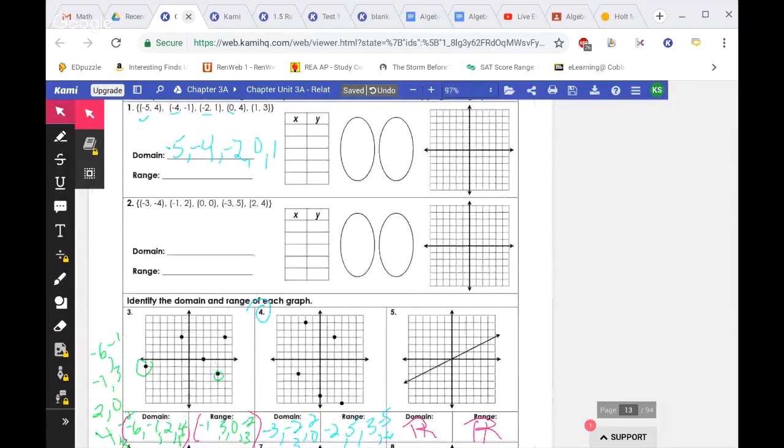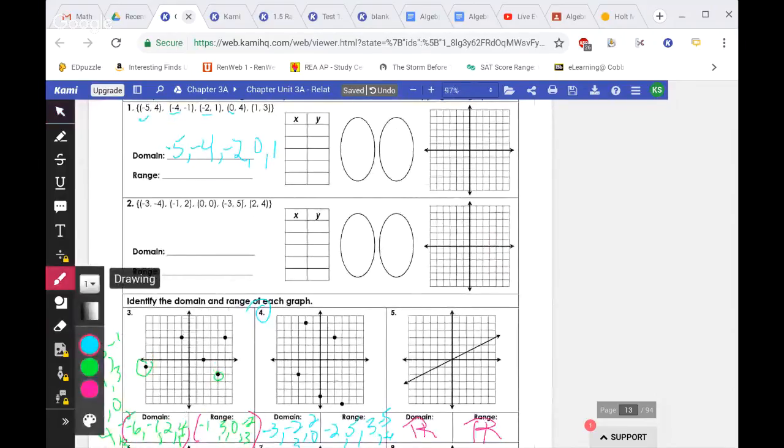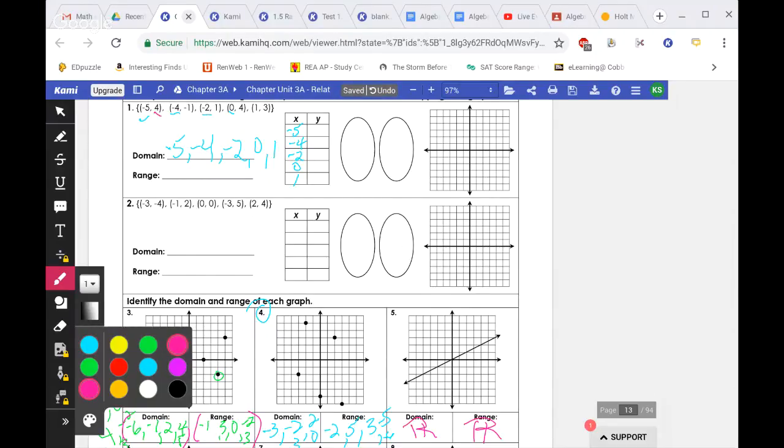Let me make it a little bigger and see if that helps me write. -5, -4, -2, 0, and 1.